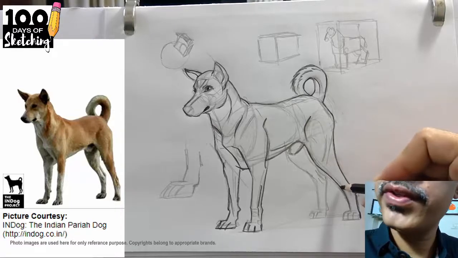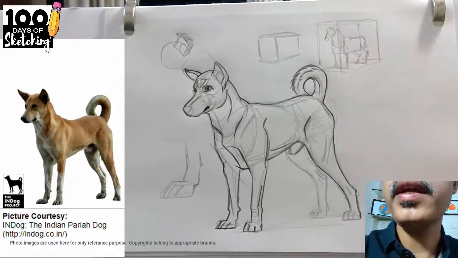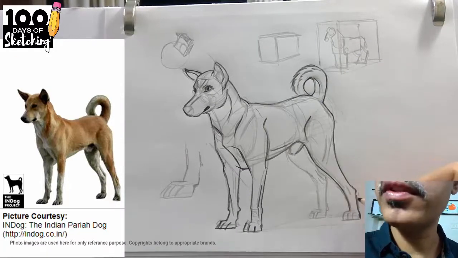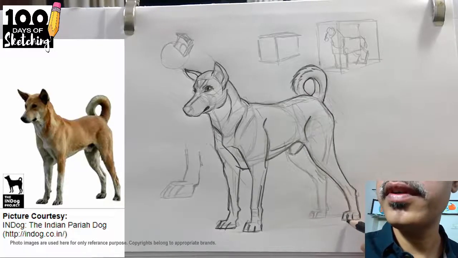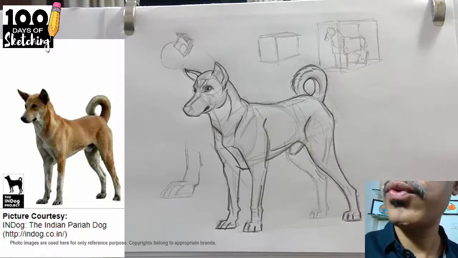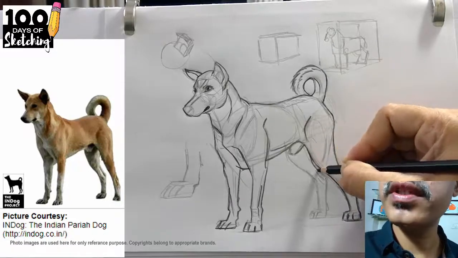So a very interesting thing. When I started, I was very much not sure. I used to get scared when somebody asked me to draw animal characters. I was not clear about the structures and all those things.